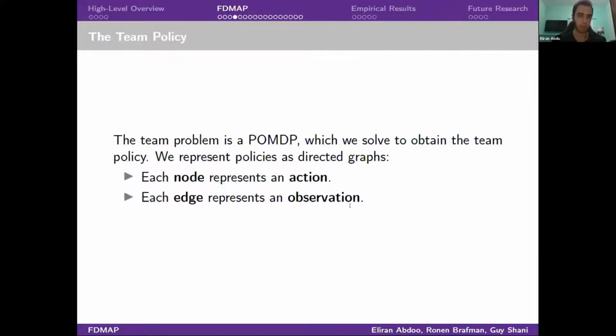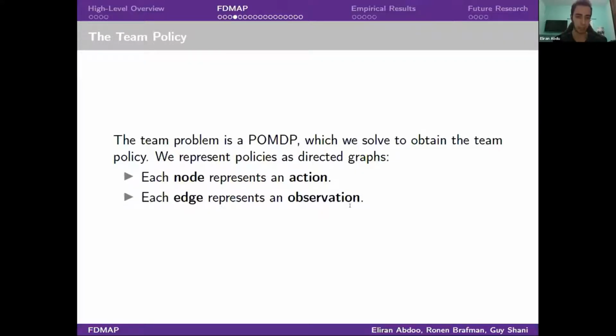Once we have the team problem, P-team, we want to solve it. And of course, solving the team problem is much easier than solving the original problem P, because now we don't have the problem of agents not knowing what other agents do, or to be exact, what other agents receive as an observation.